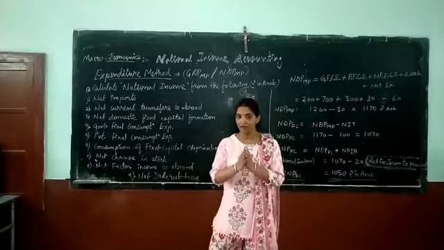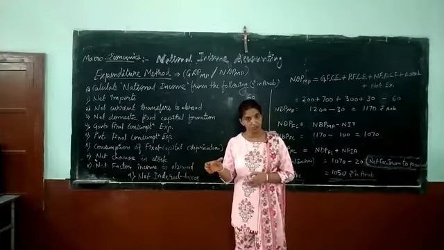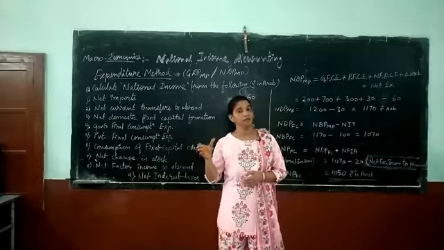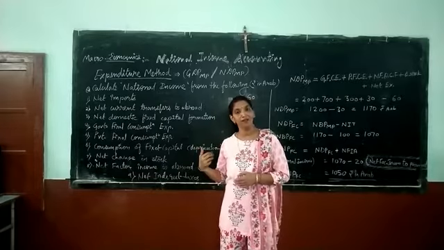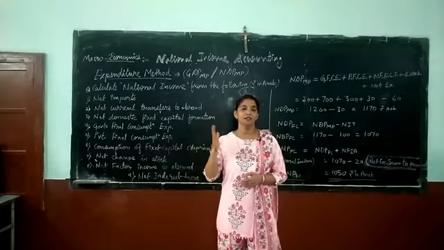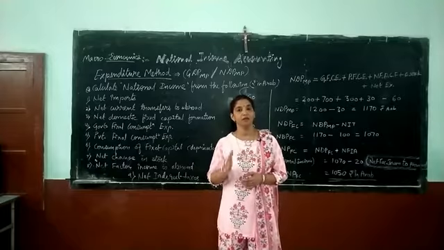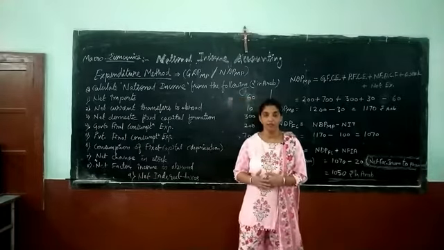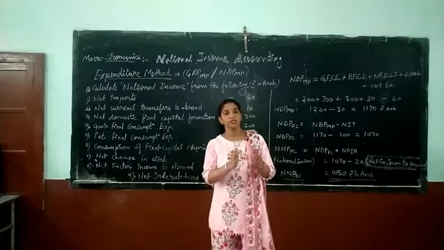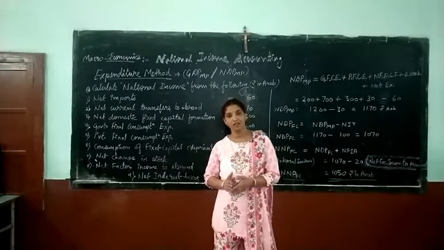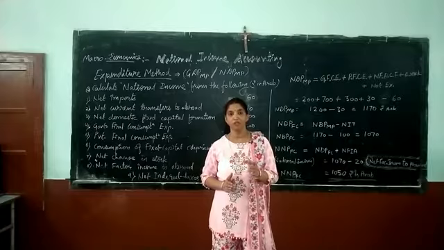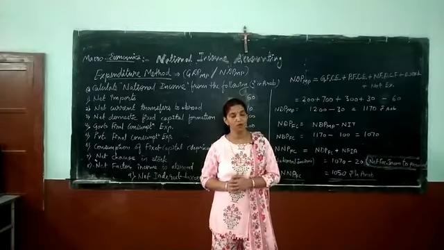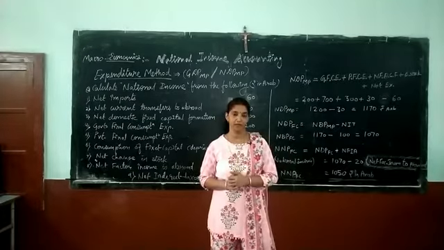If the domestic capital formation is given in net terms, then the national income estimated by this method will be net domestic product at market price. And if we are given the gross domestic capital formation, then the estimation will be in terms of GDP at MP.